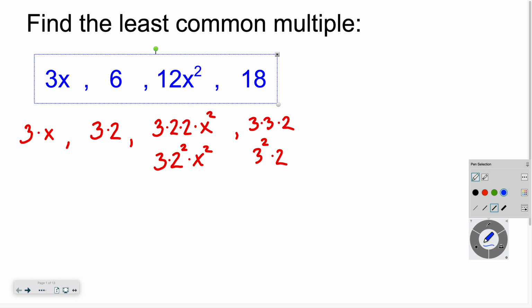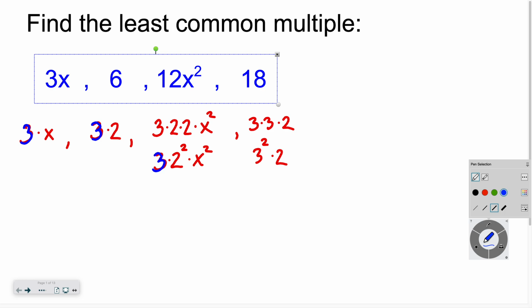you need to use every unique factor that was used in all the terms, along with the greatest power of each factor. So what I mean by that is, in the first example, we have a 3, and then we have another 3, and then we have another 3, okay?